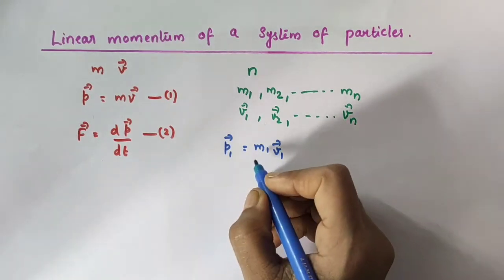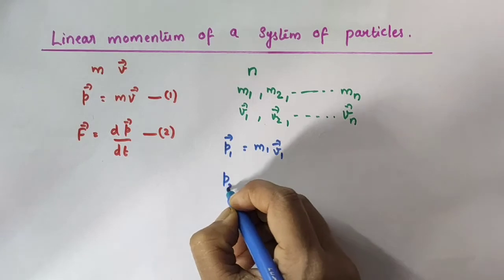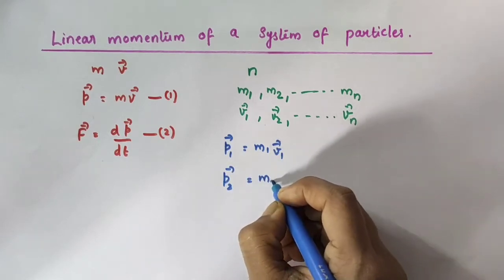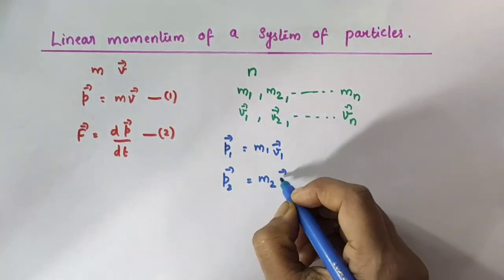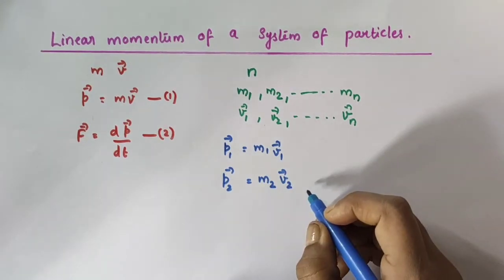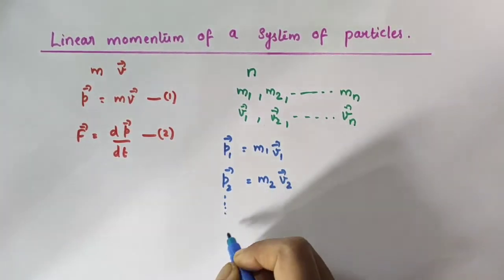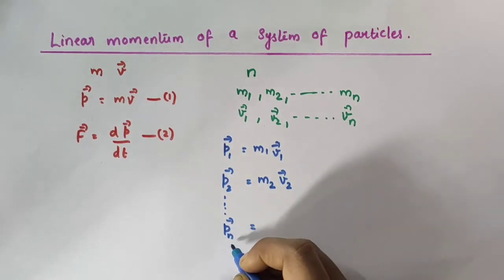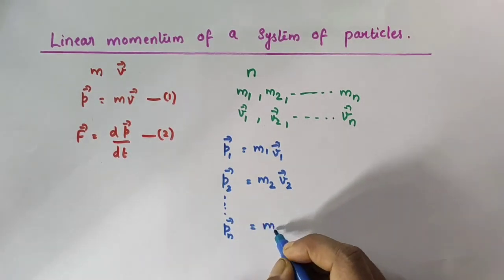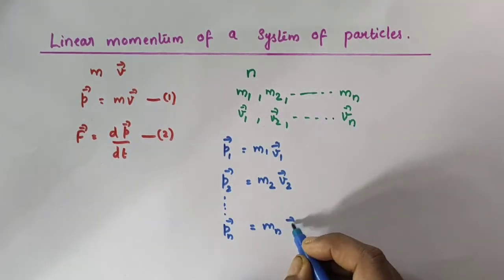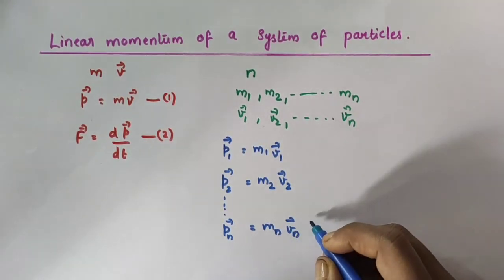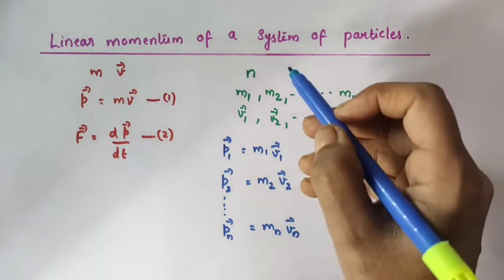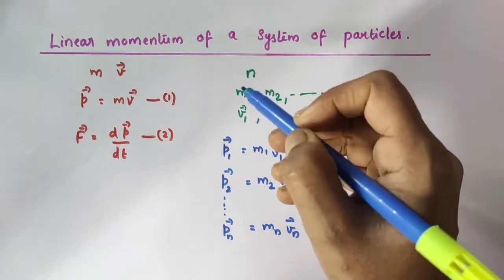Linear momentum of the second particle can be written as vector p2 is equal to mass m2 into its velocity vector v2. Similarly, linear momentum of the nth particle is equal to its mass into its velocity vector vn. So here we have considered a system of n particles.